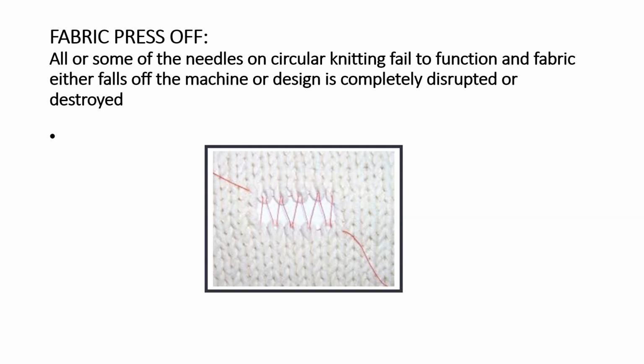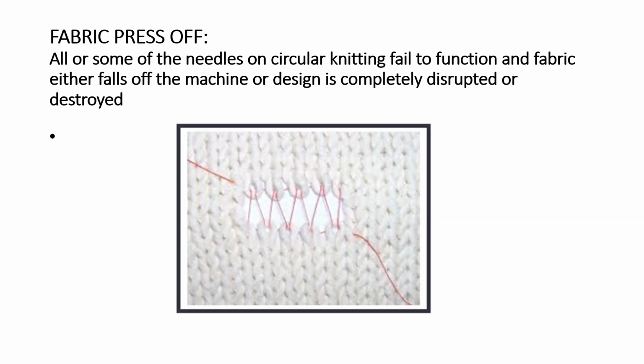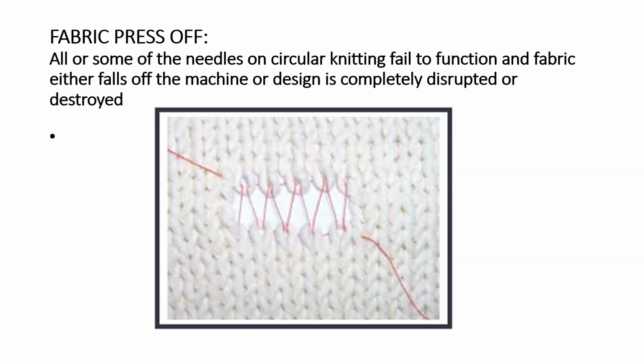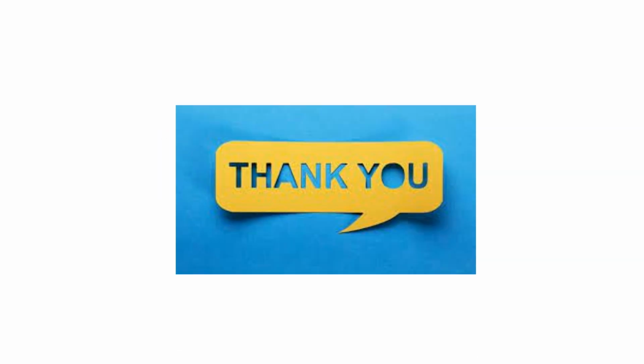So you have to take proper precautions while running the needles. We have to inspect the machines properly while running, whether all the needles are working correctly or not. That is the defect called fabric press off, and knitted fabric has such defects.